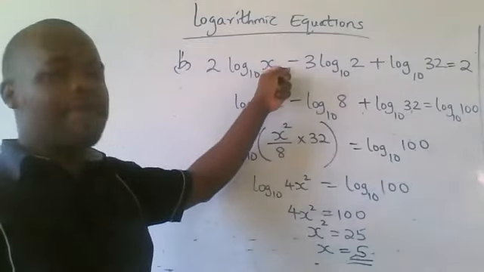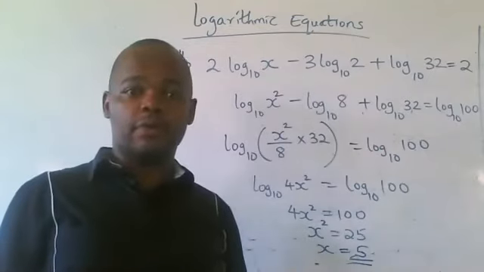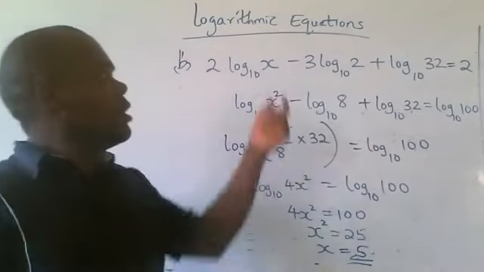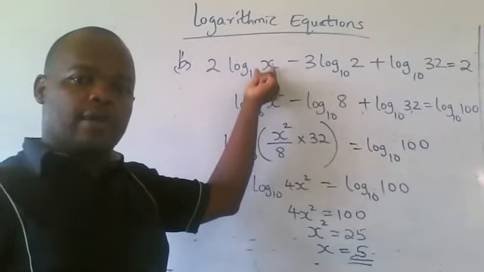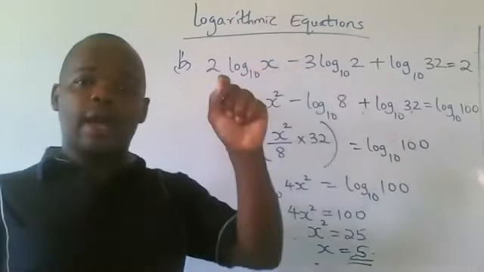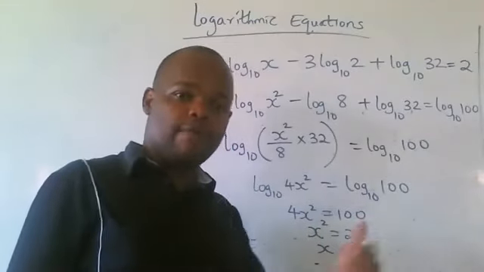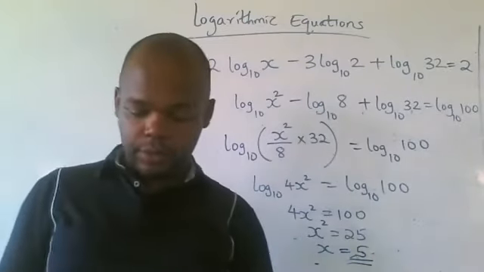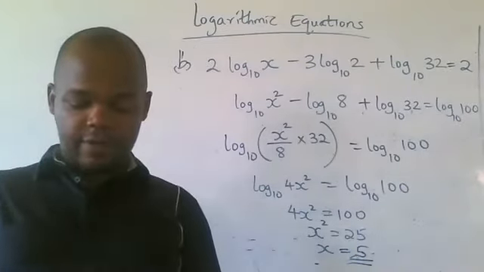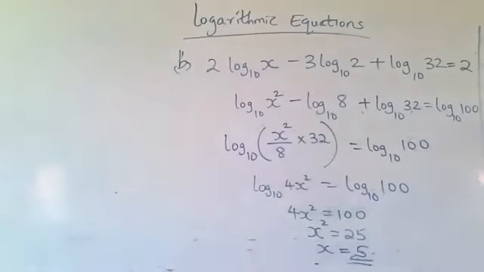So we don't have log of negative 5. Even though when you square negative 5, you get 25, yes, but when I put negative 5 here, the log of a negative number does not exist, and therefore negative 5 is ignored. So in this case, x is 5 only. So I want to give you also another scenario, and then you check what happens.